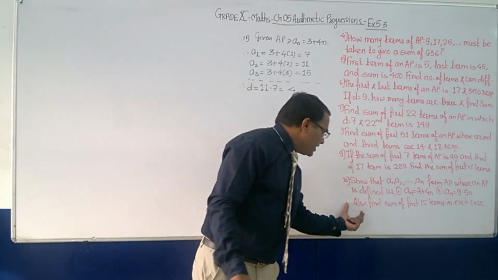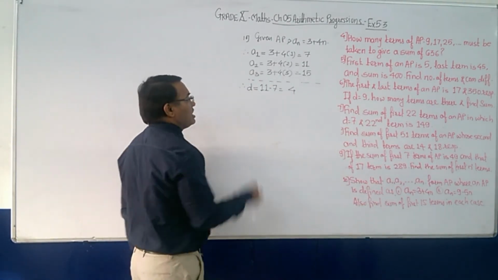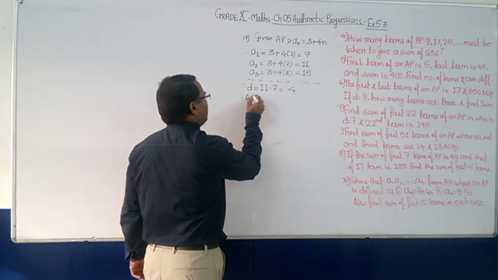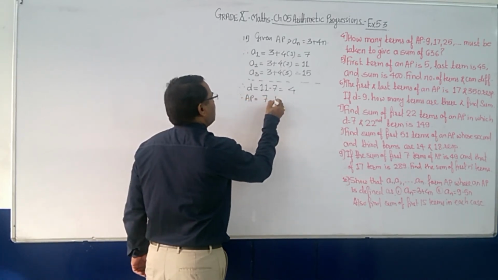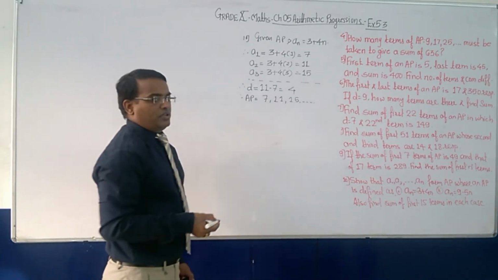But what is the sum next? Also find the sum of 15 terms in each case. So what is the required AP? The required AP is 7, 11, 15 and so on.